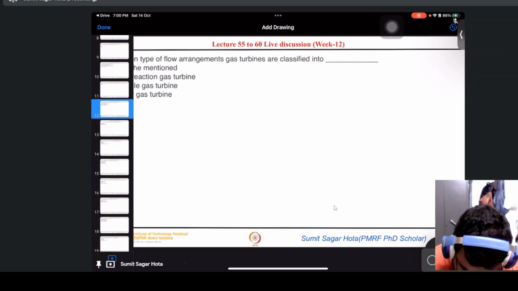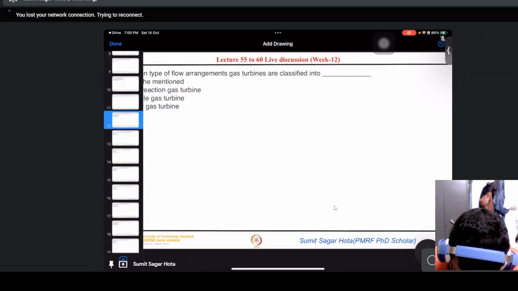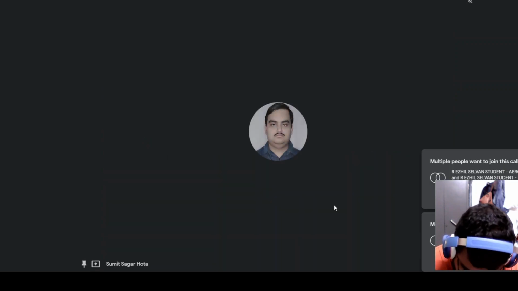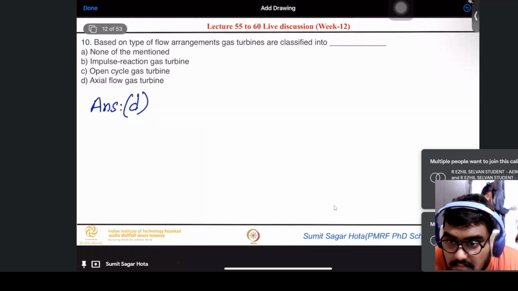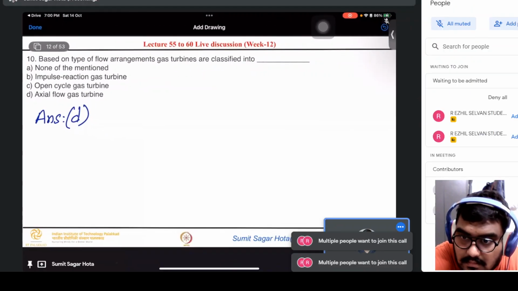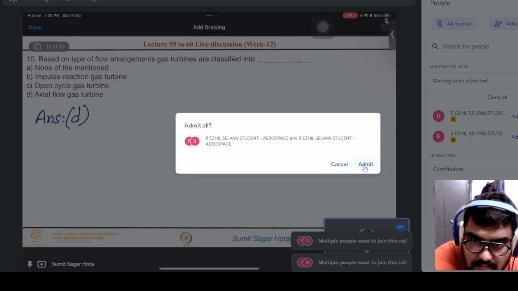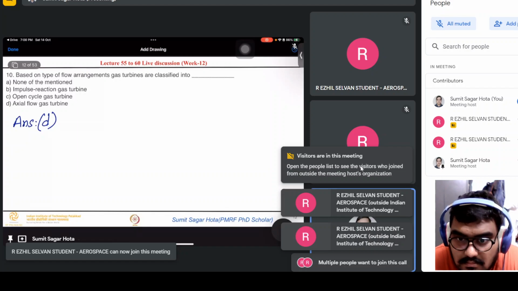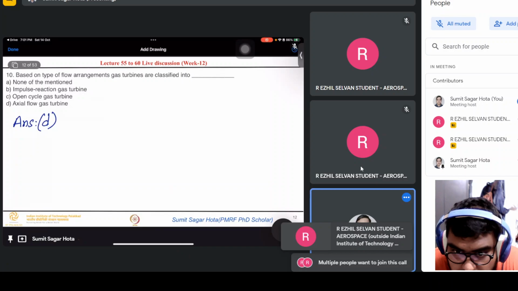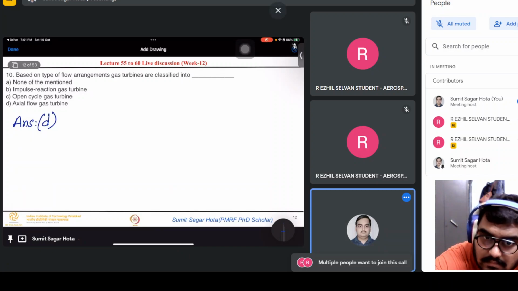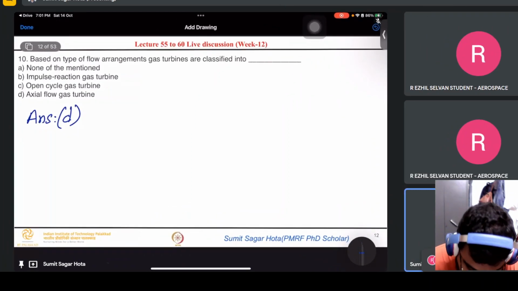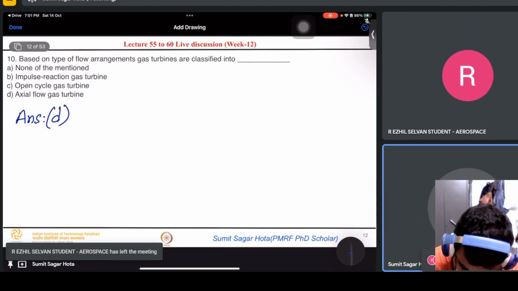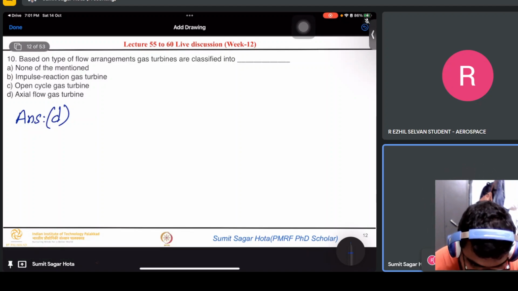Axial flow gas turbine, because the other options are not related to the type of flow arrangement.